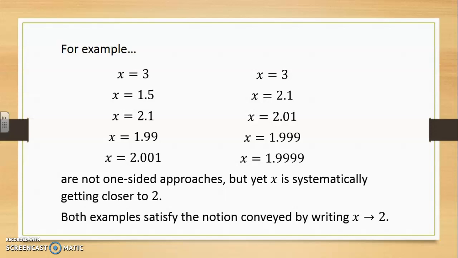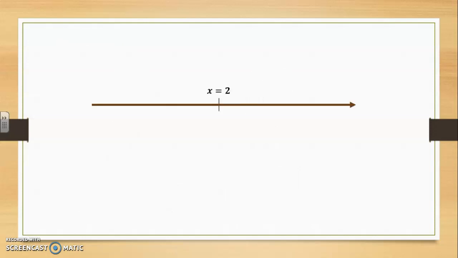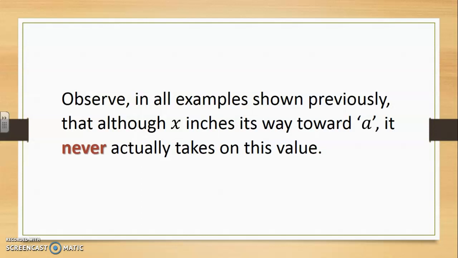Both examples satisfy the notion conveyed when we write x heading towards 2. In this case, sequences of values have to simply get closer to 2, regardless of how that takes place. Observe that in all cases shown previously, although x inches its way towards a, it actually never takes that specific value.